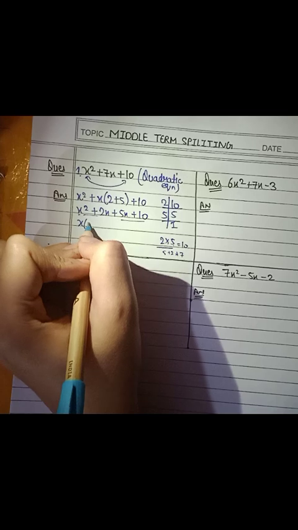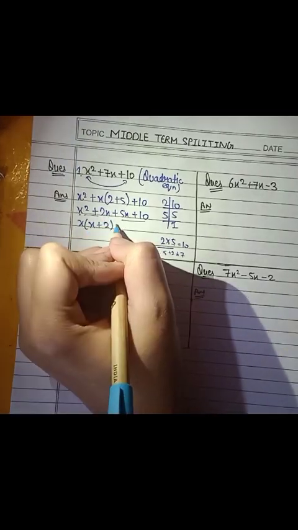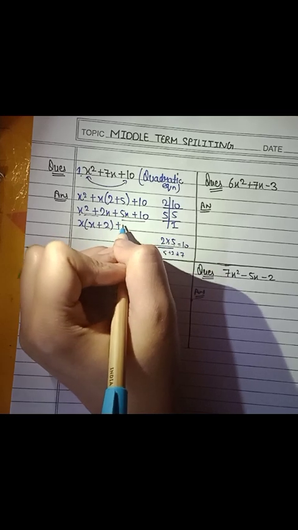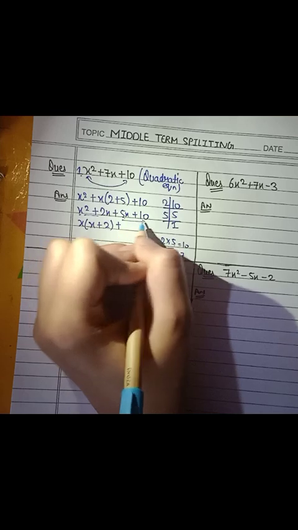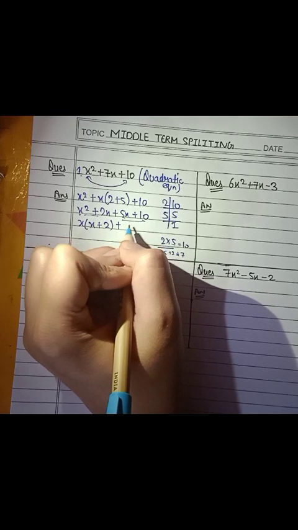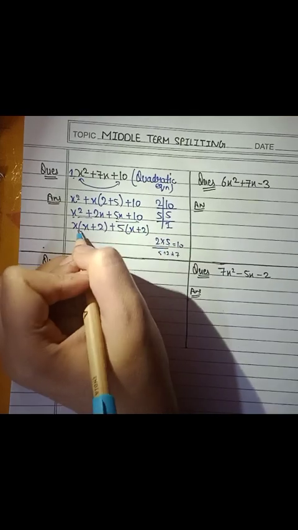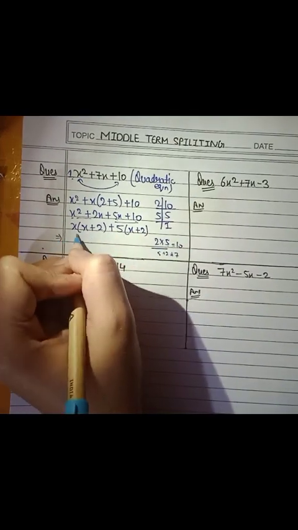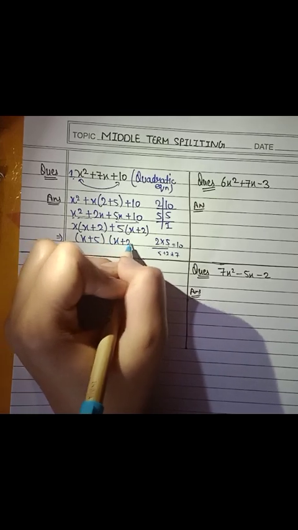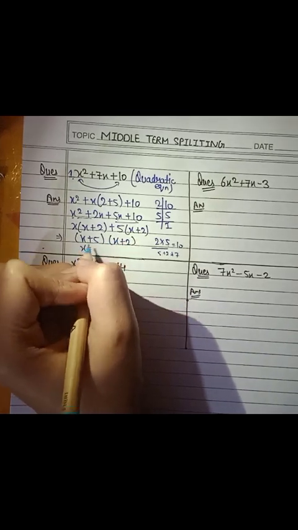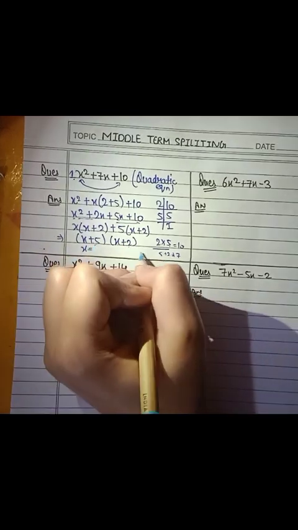Now from the first pair we take a common x, and from the second we take a digit in common. So we take the 5 in common, and then we get x plus 2. You can see the brackets are common. If they are common, then you are doing it right and the equation is correct.